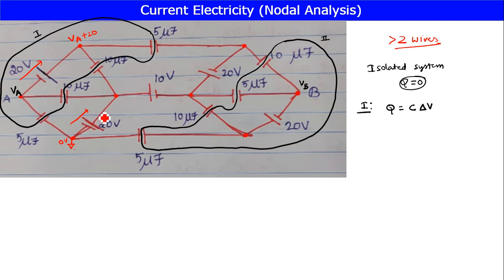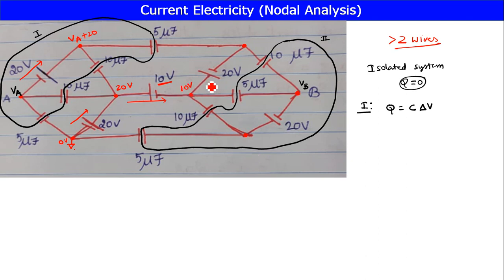That means the potential should be raised by how much? By 20. If this is 20 volts here, and along this path you come across a cell going from higher potential to lower potential, the potential should be dropped by how much? 20 minus 10, which is 10 volts.